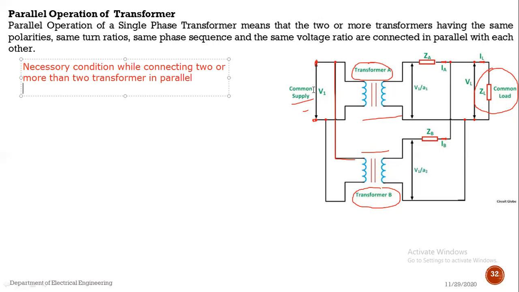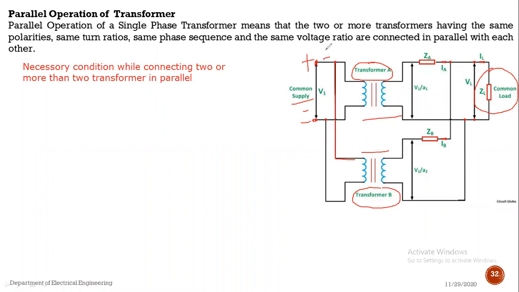So see, the first necessary condition while connecting more than two transformers in parallel is the polarity. What is polarity? That means sign of connection. There are two polarities, positive and negative.